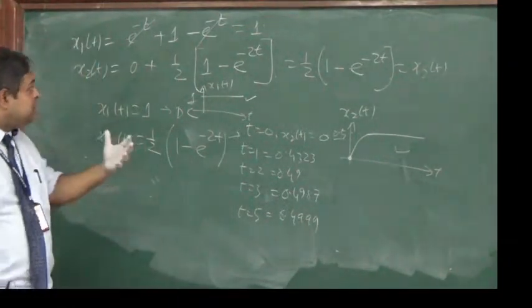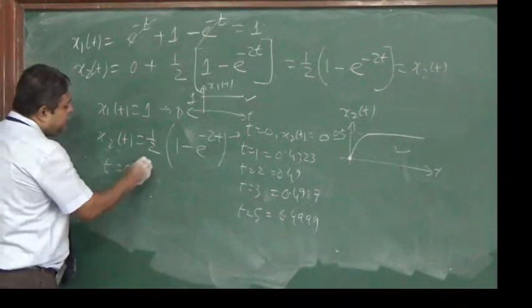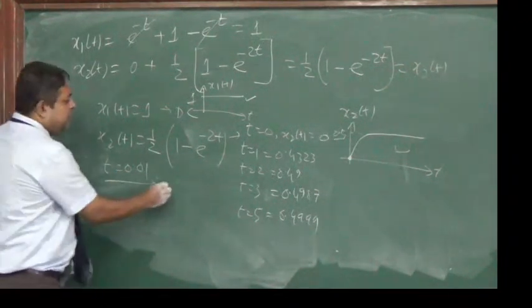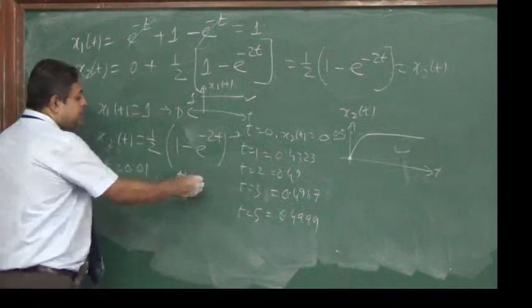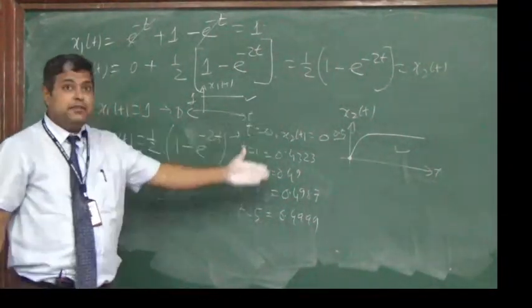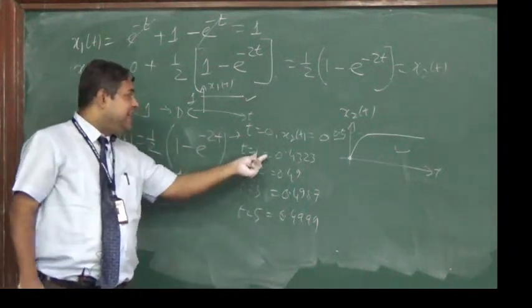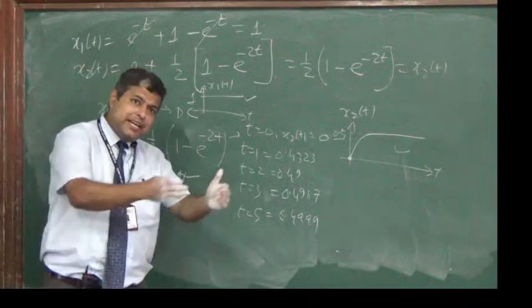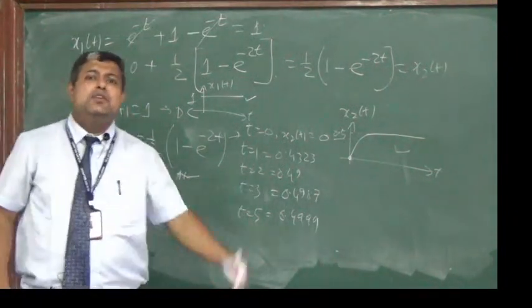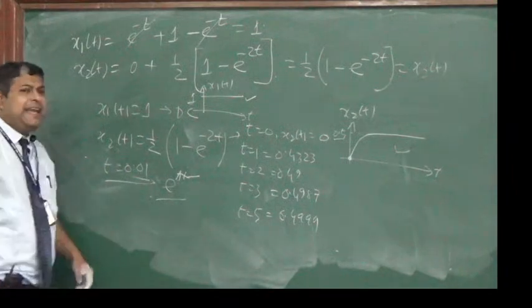Now we have found this state transition matrix. In the state transition matrix, we can set the step as 0.01 also. So we have found e raised to At. What is the value of t that we decide? How do we find this graph? In the state transition matrix only, we are setting the value of t as 0, 1, 2, 3 and so on, and we are getting the next value of the state. So that timing step we can set as small as possible.